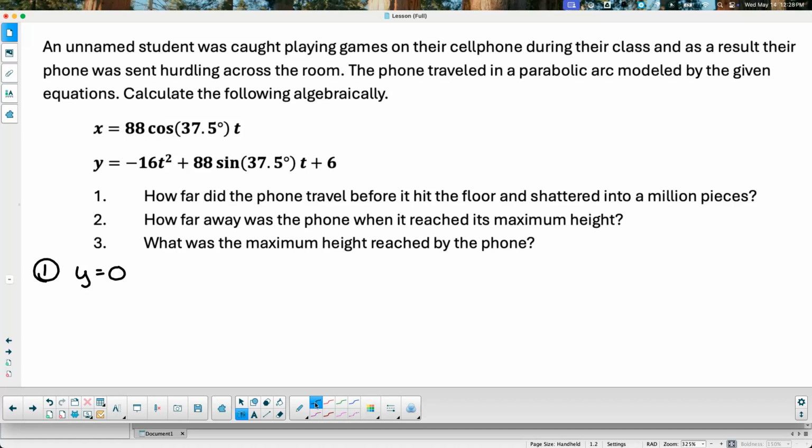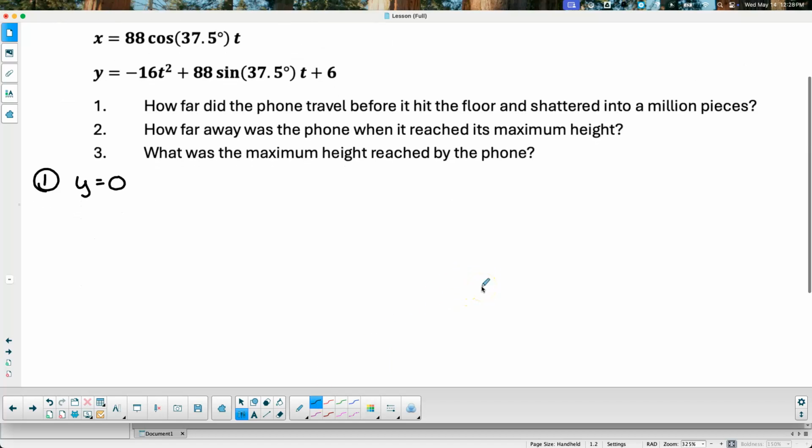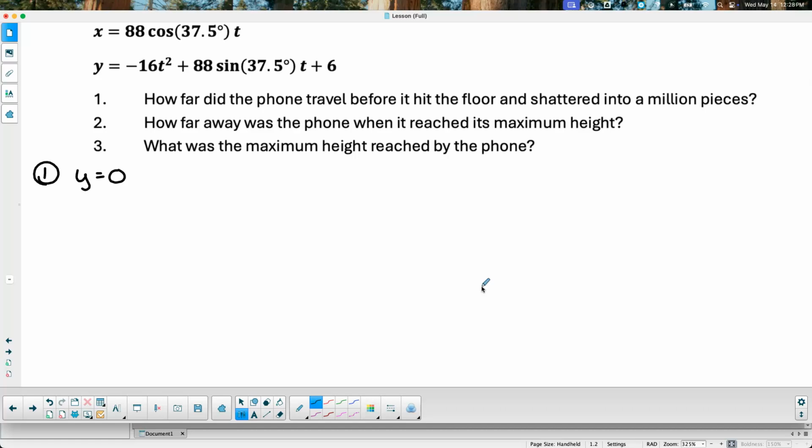Well, that gives me that equation. In my toolbox, what tool do we have to use to solve this quadratic equation?